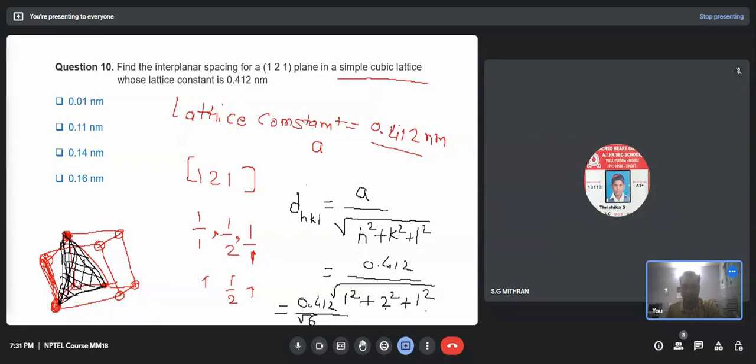Okay, let's calculate this. 0.412, sorry, 0.412 by root 6.